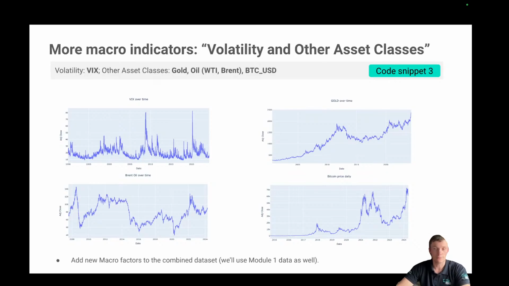Sometimes when a recession is coming, people will invest into gold or some safe assets. When Bitcoin is growing, there will be more demand for Bitcoin and crypto, and so on. So you can't live only in the stock world or only in the crypto world. You need to add some other benchmarks to compare with.